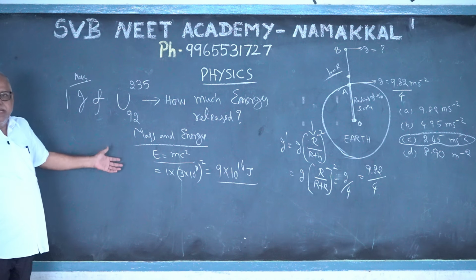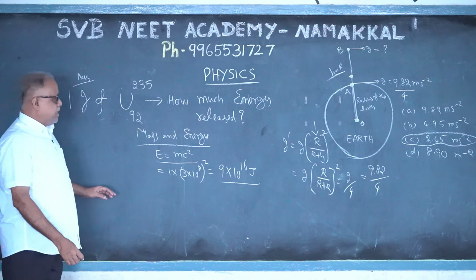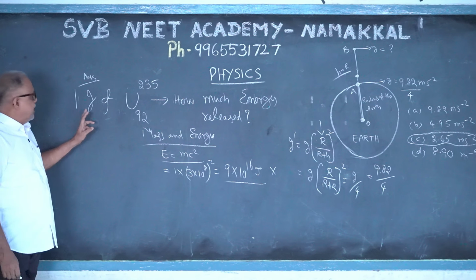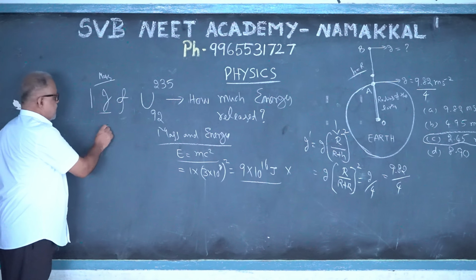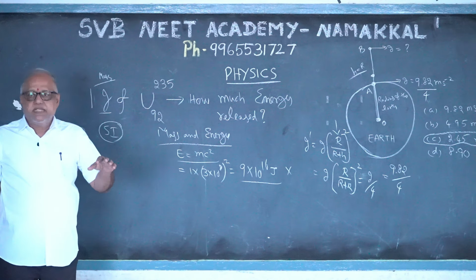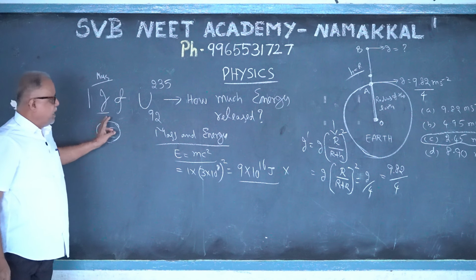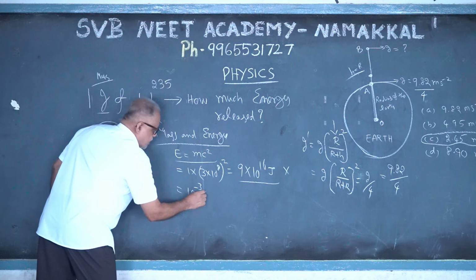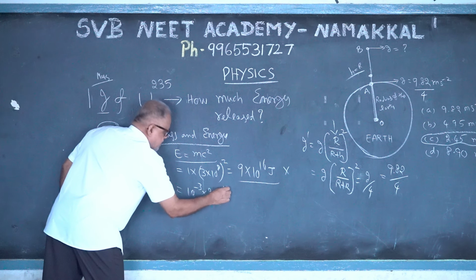I applied the formula correctly, everything correct, but there is a mistake in this answer. Here we have to convert the gram into the SI system. That is very, very important. Every problem should be solved in the SI system. So 1 gram will be converted into 10 power minus 3 kilogram. So 10 power minus 3 into 9 into 10 power 16.